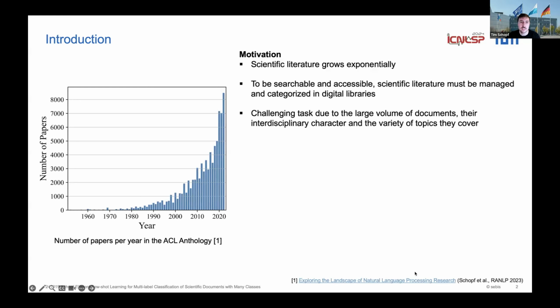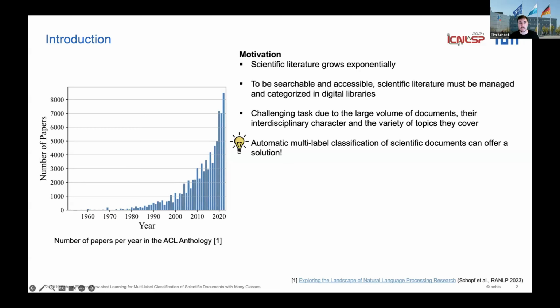However, this is a significant challenge due to the huge volume of documents that exist and get published every year, and also the variety of topics they cover. And in addition to the broad spectrum of possible research topics that can serve as classification categories, scientific documents also often cannot be assigned to only one class due to their interdisciplinary character.